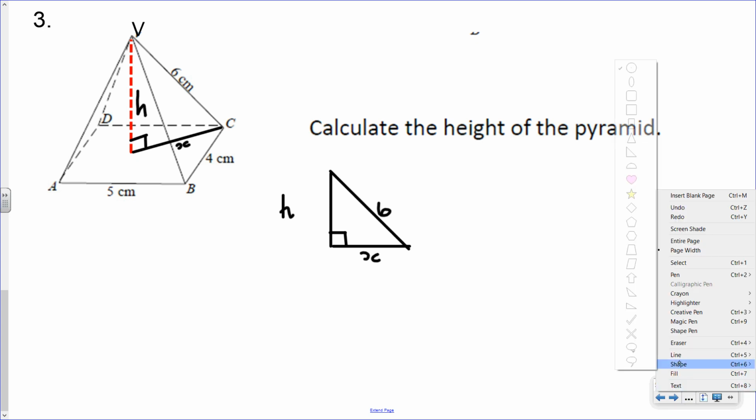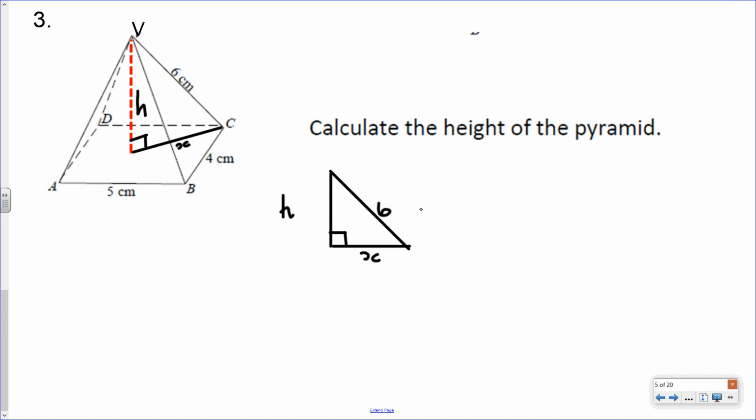So I'm going to insert another line just to try and create another right angled triangle here on the base of this pyramid. Hopefully you can see that that little line I've added makes another right angled triangle. So again, let me just draw that down here at the side. This time, this right angled triangle has an unknown side here of x.